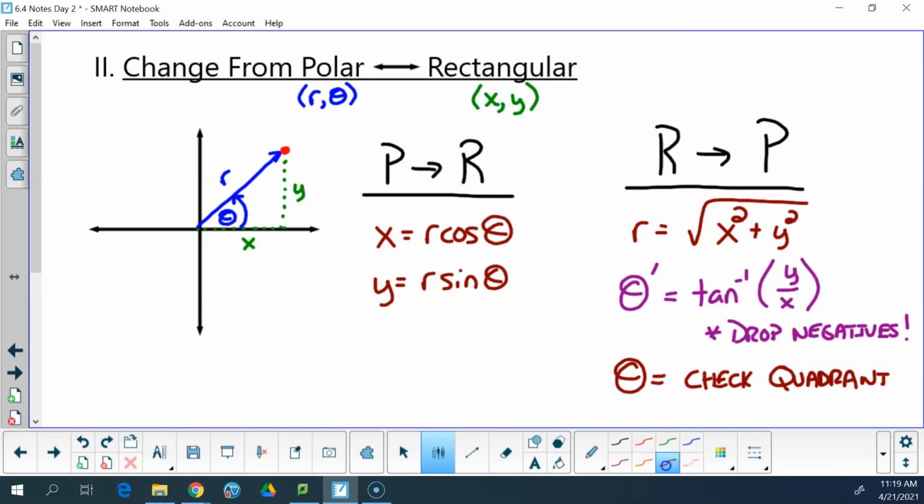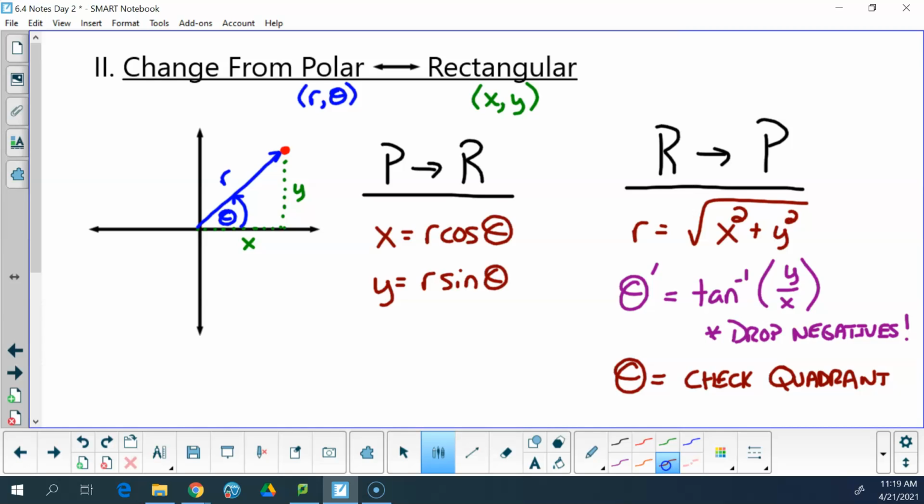Remember, your reference angle always comes off of the horizontal. So if we're in quadrant 1, our reference angle is our angle. If we're in quadrant 2, our angle is 180 degrees minus the reference angle, or pi minus the reference angle.